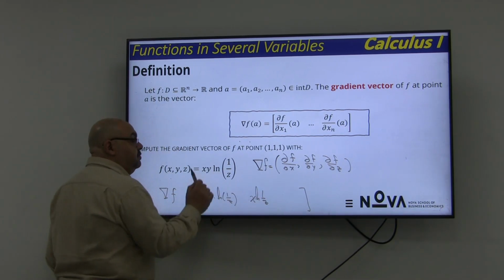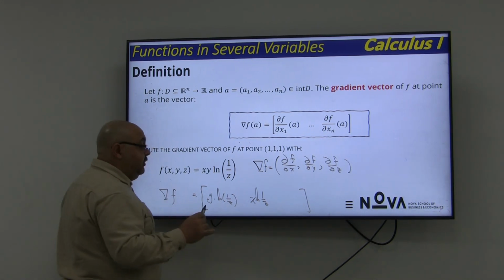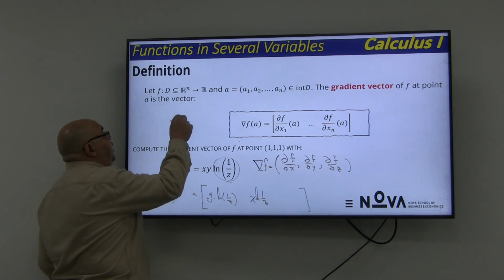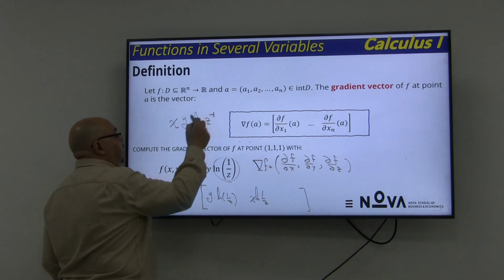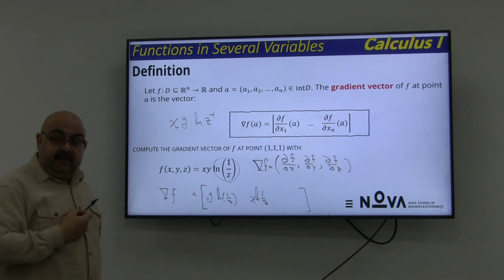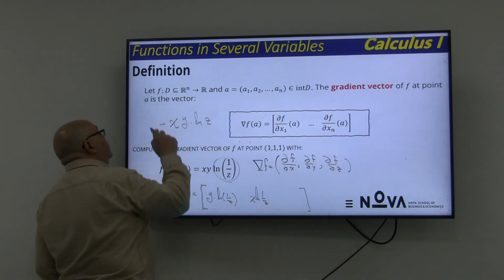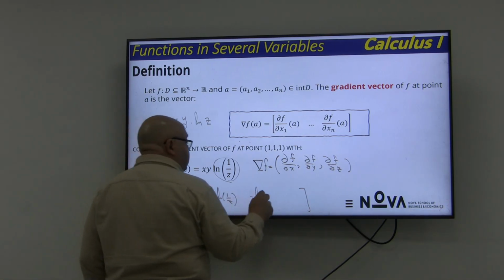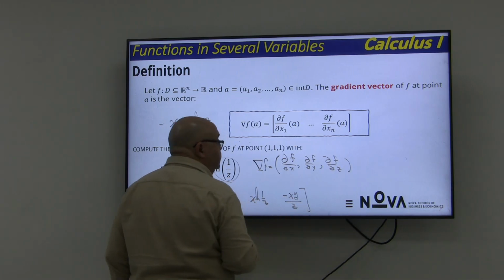Then differentiate with respect to z. Before going to the derivative with respect to z, let's look at this term. I can rewrite it this way: xy times ln z to the power of negative 1. Can I? Yes. Okay. And one of the properties of the logarithmic function is that the power can be taken outside, which is going to be negative xy ln z. And the derivative in this case, guys, is going to be negative xy over z.